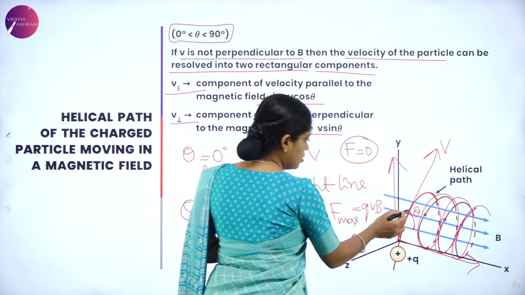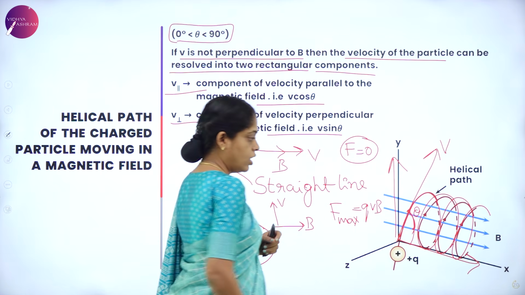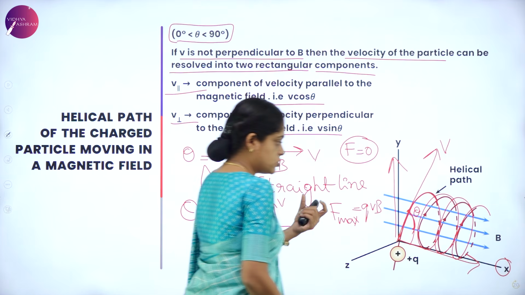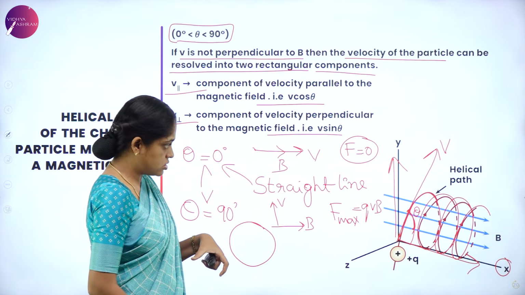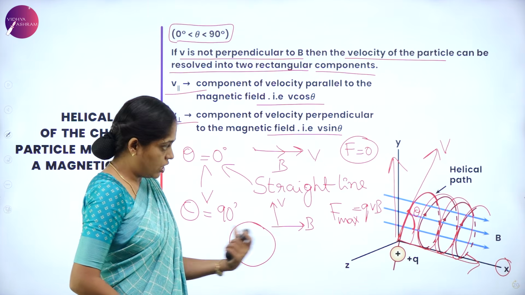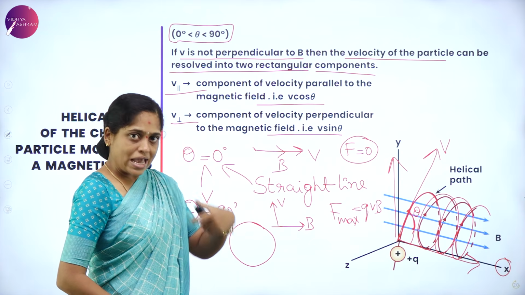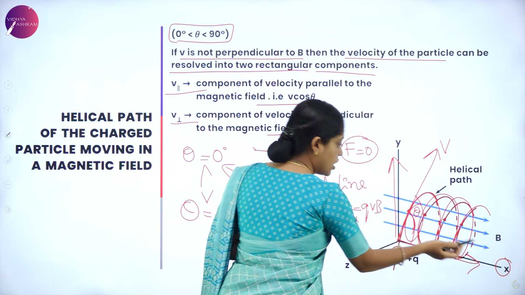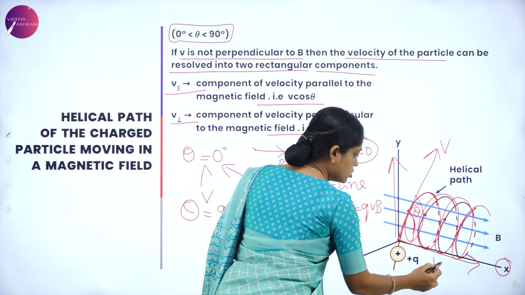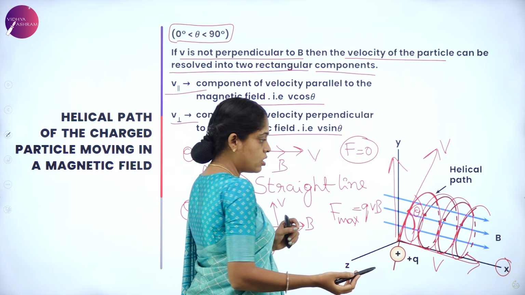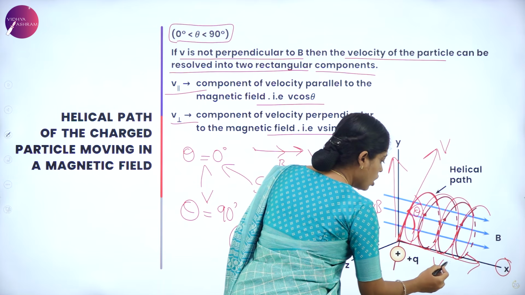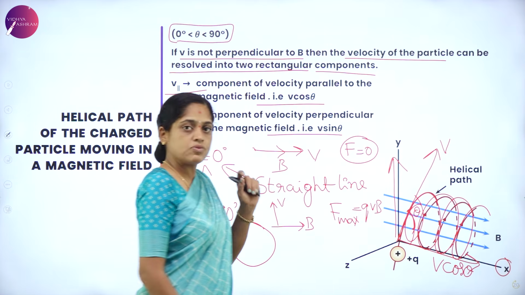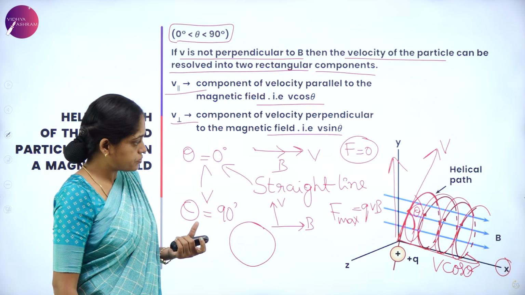The angle made by the velocity is with which axis? Look at the axes. It is with the x-axis, that is, the magnetic field is in the direction of the x-axis. Since theta is with the x-axis, along the x-axis we have the component v cos theta.